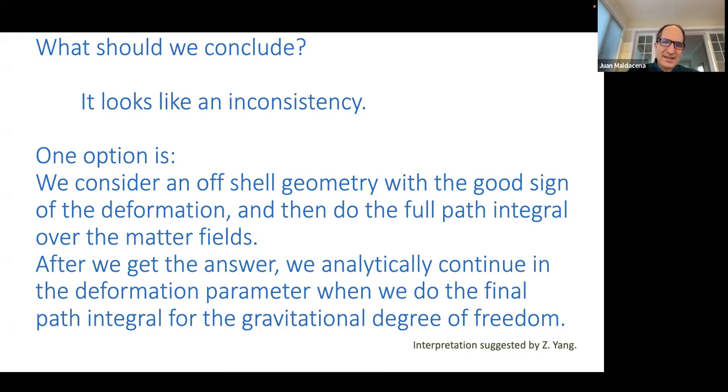And then after we get the answer for the path integral, we analytically continue in the deformation parameter when we do the final integral for the gravitational degrees of freedom, which, let's say, for example, are these Schwarzschild modes. And this gives the answer we expect. So this is, I think, the most conservative interpretation of this answer.